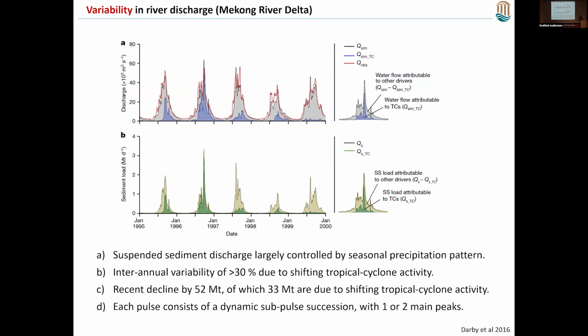It is very variable. Here, just as an example, we have a recent decline in the Mekong Delta of sediment supply by something like 50 megatons or so. That is a third of the sediment supply, just due to natural reasons, because sometimes, you know, it depends on where the delta or the region is hit by a hurricane, bringing a lot of precipitation.